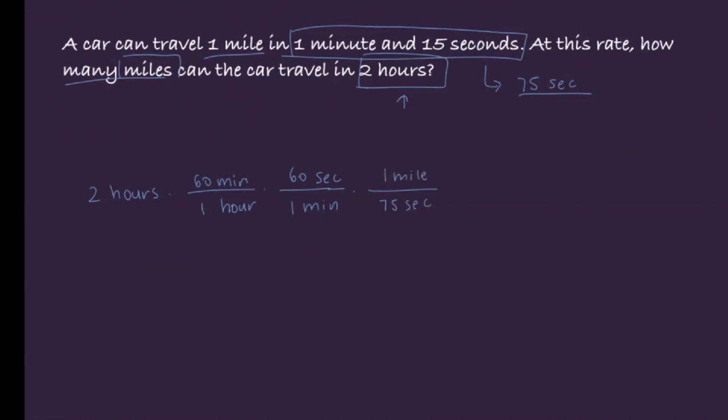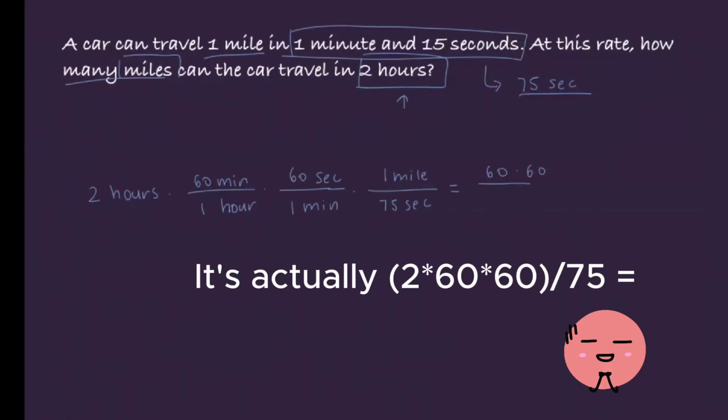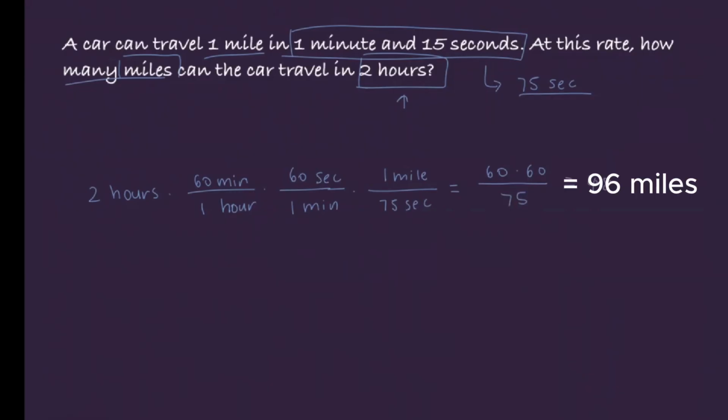And that gets us to 60 times 60 over 75, and our answer is 48 miles. Hours cancel, minutes cancel, seconds cancel, we're left with miles. All in all, the units should cancel as you go along. If the units are canceling, then you are doing the right thing.